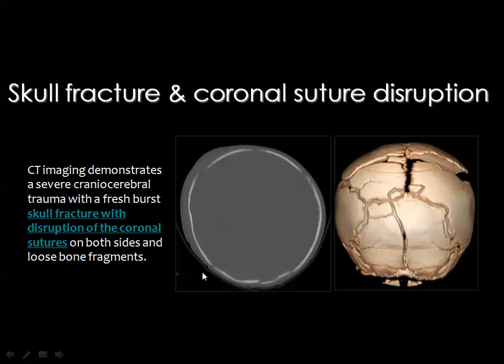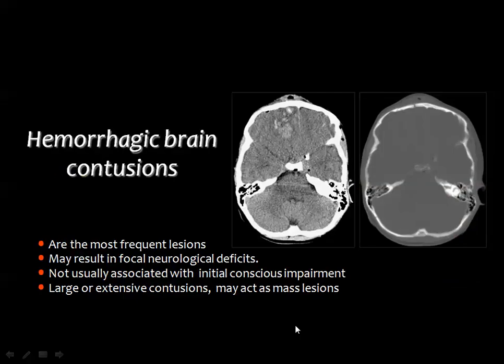And of course, in the axial images, it is usually difficult to discriminate the sutures from the fracture lines. And also, you can see in the axial image the presence of the subgaleal hematoma.